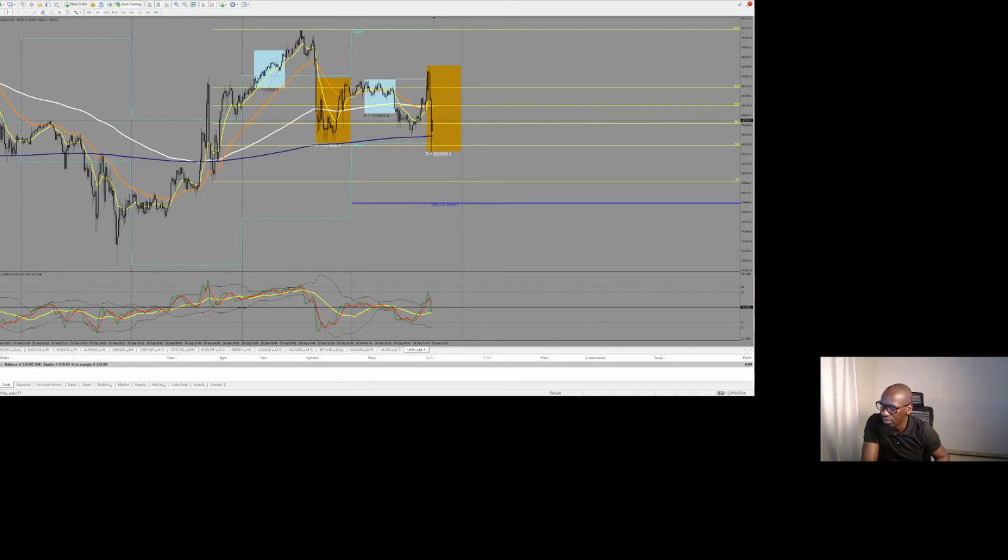But this is definitely a liquidity sweep. What we are witnessing currently is definitely a liquidity sweep.